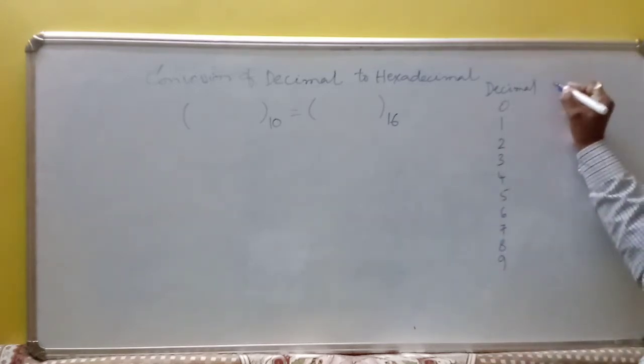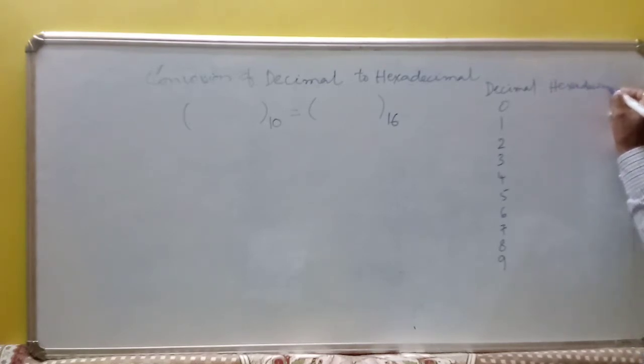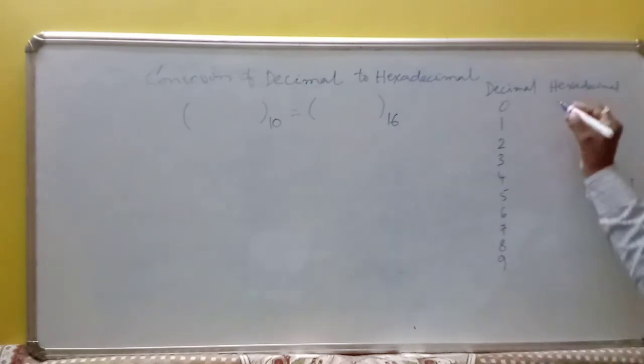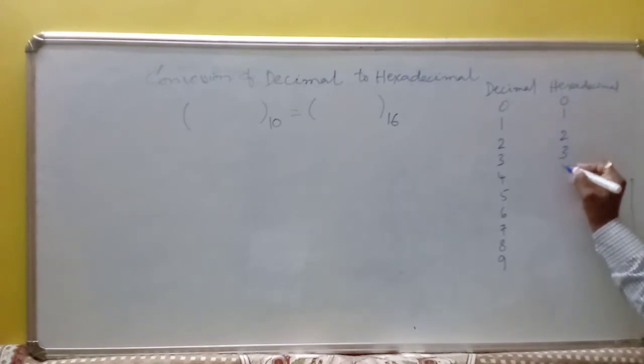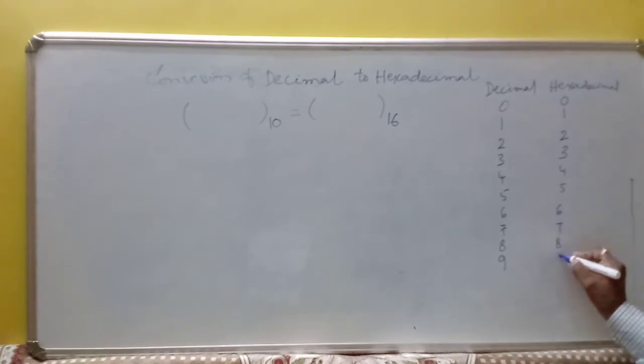And the hexadecimal number can be formed with the combination of 16 digits, that is 0 to F. So, this is 0, 1, 2, 3, 4, 5, 6, 7, 8, 9.